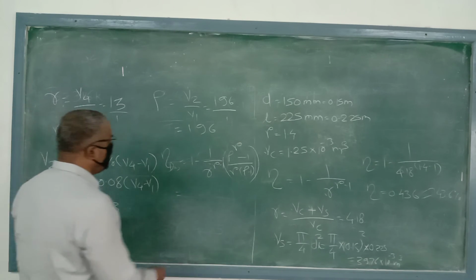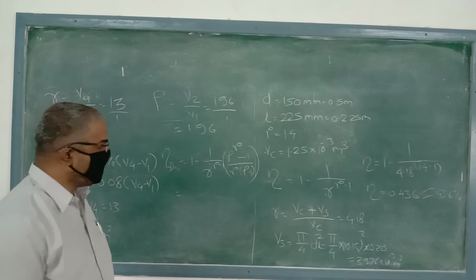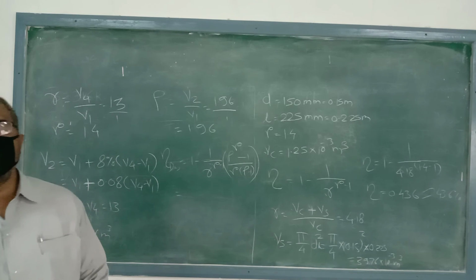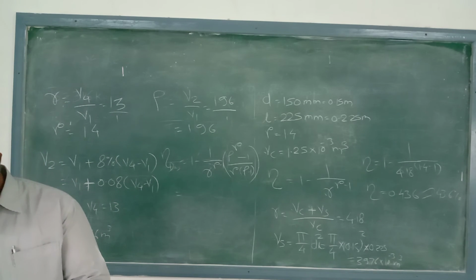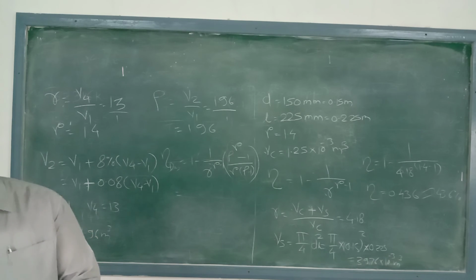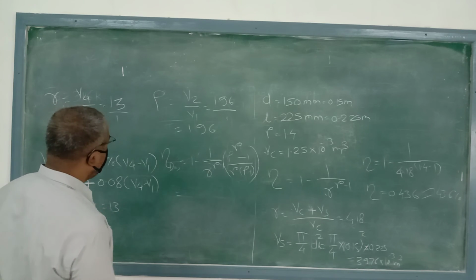So value of R again we are finding in similar fashion as we have discussed in the Otto cycle. So value of compression ratio we can calculate as V4 upon V1.